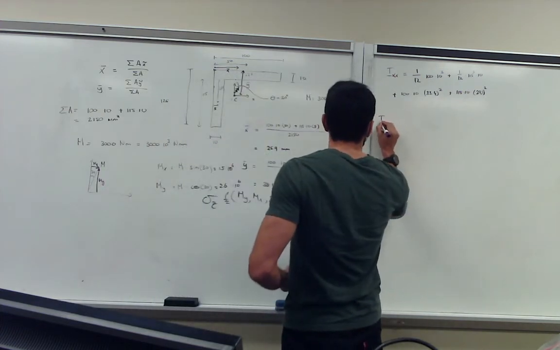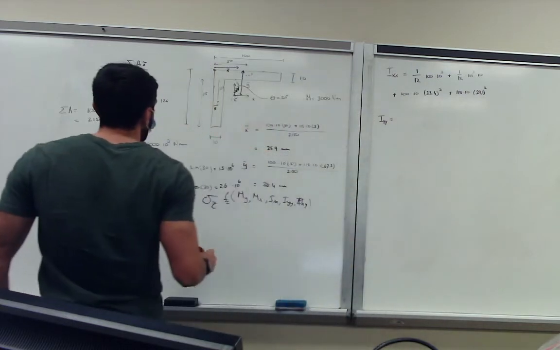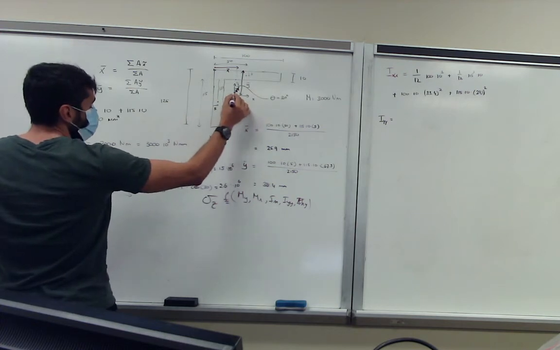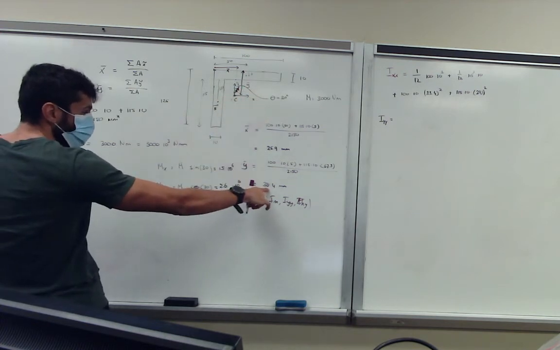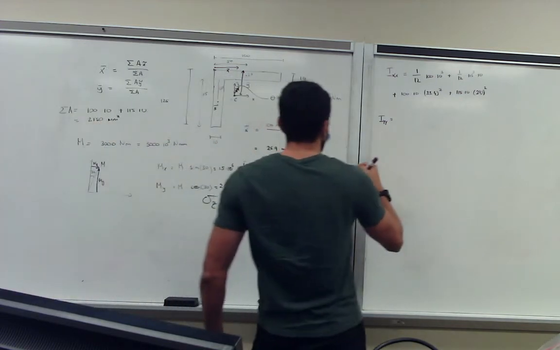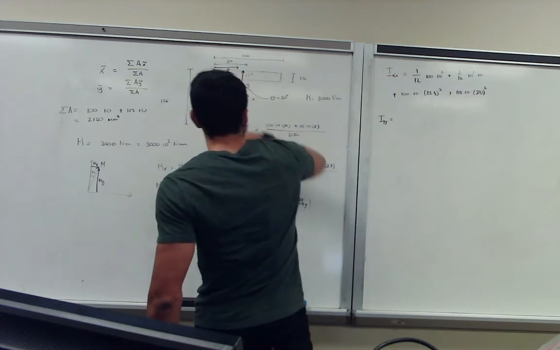How did you get 29.1? That's basically, so we get this, the centroid here was at 38.4. So the reference axis here with respect to the top is 67, right?